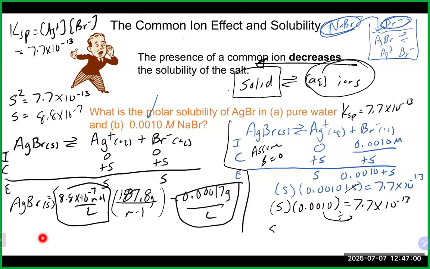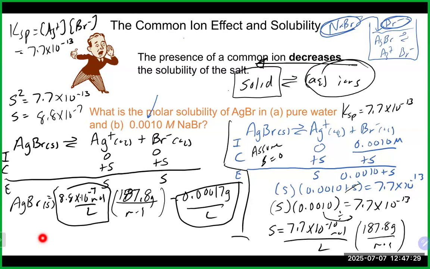Going to give us an S, which is 7.7 times 10 to the minus 10 moles per liter, which once again would be our molar solubility. We also could multiply it by the molar mass from the periodic table here of silver bromide, and that will convert us into grams per liter. And that gives us here a lot of zeros.